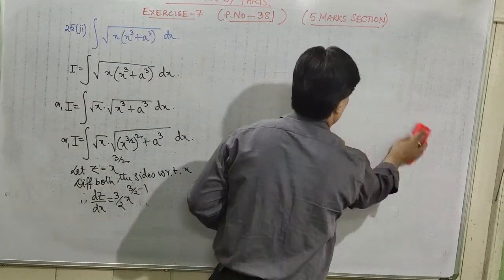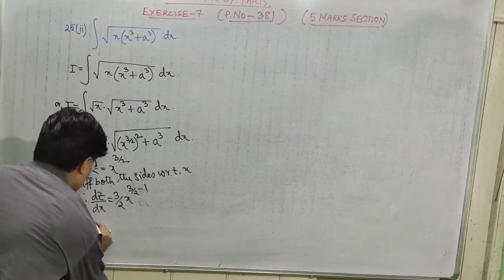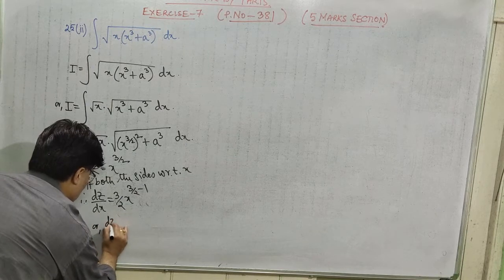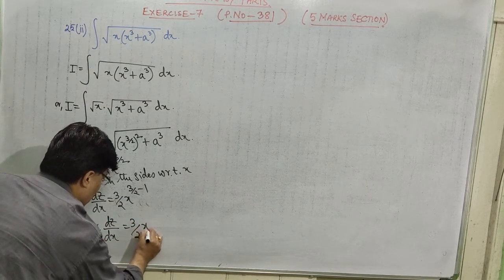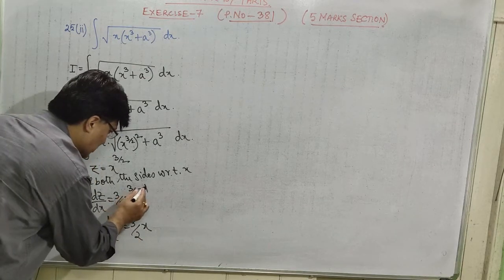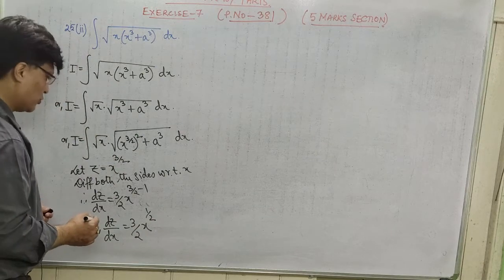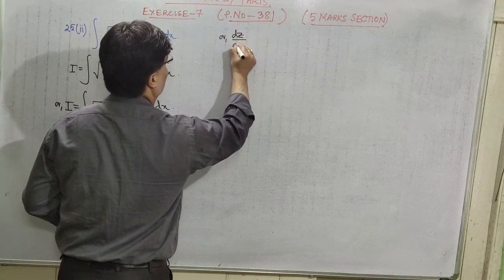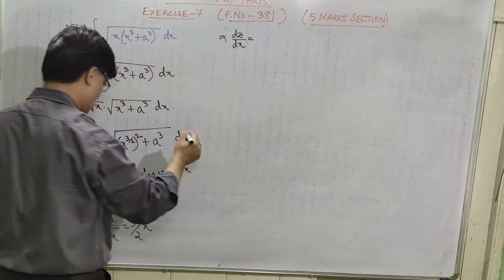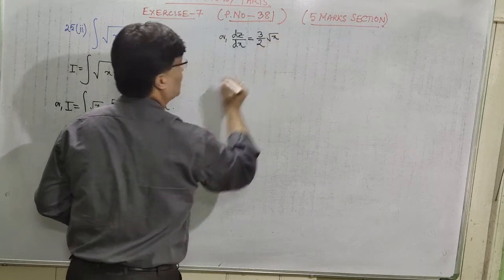In the next step, we can write dz by dx is equal to 3 by 2 x to the power, what is it? 2 ones are 2, 3 minus 2 is 1, so this is half. You know that x to the power half is root over x, or dz by dx is equal to 3 by 2 and then it is root over x.